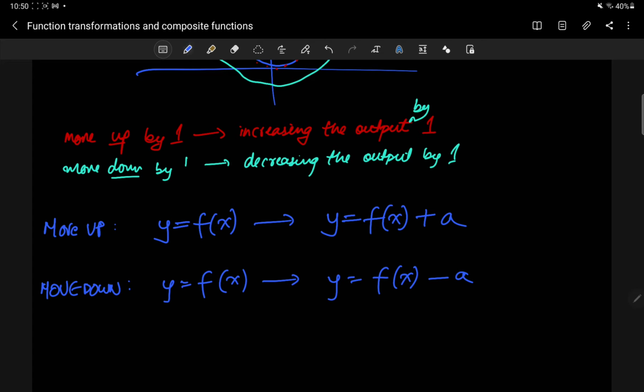In particular, this moves the graph a units up, and this moves it a units down. So you are sending the graph up or down.